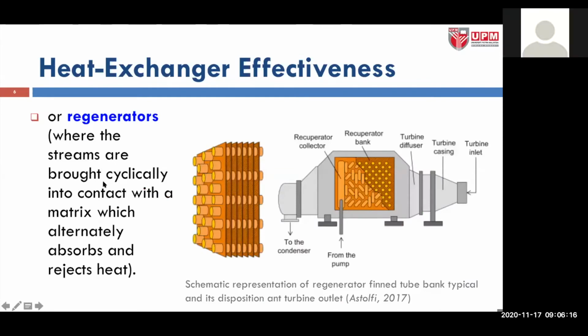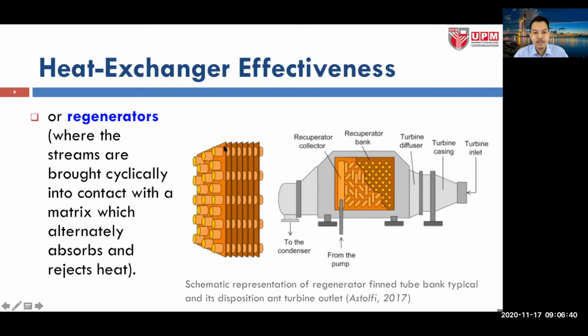Or we can also have regenerators, where the streams are brought cyclically into contact with a matrix which alternately absorbs and rejects heat. This is from a paper by Astolfi, 2017, a schematic representation of a regenerator fin tube bank.